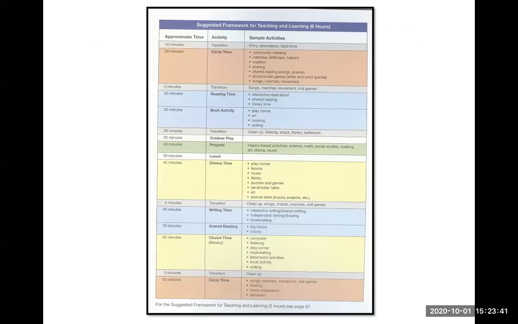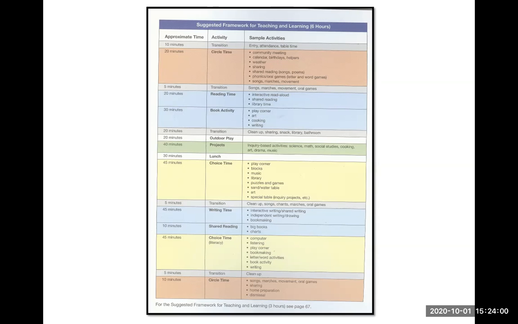So this is an example of a schedule from a typical preschool classroom. I see some of you getting very close to the screen because the writing is very small. And quite honestly, I can barely see it because my reading glasses need to get stronger.